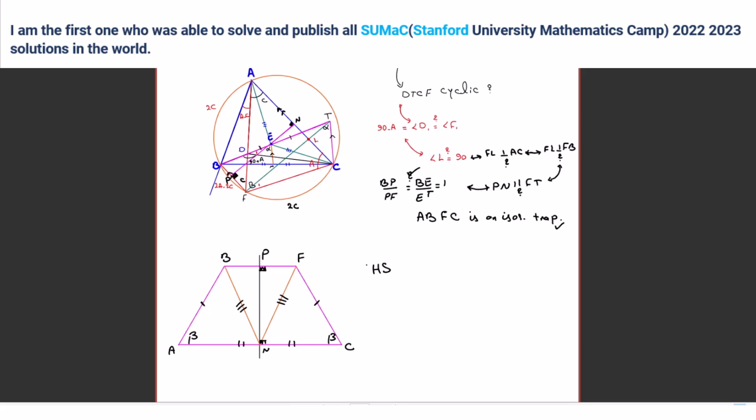Yeah, hypotenuse-leg. Have you heard this? Yes, because if you say side, angle, side, it is not necessarily true that these two angles are equal. Or we can say Pythagorean theorem, because this squared minus this squared is this squared. Again, this squared minus this squared is this squared. So also by Pythagorean theorem, we can prove these are equal.